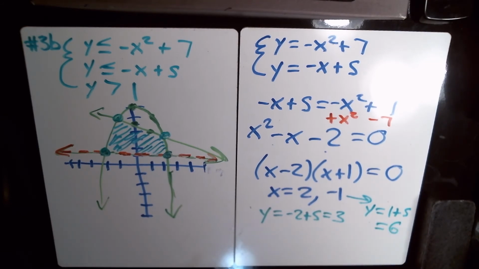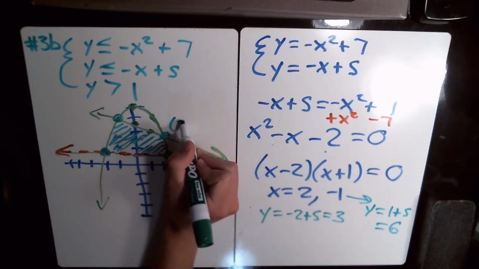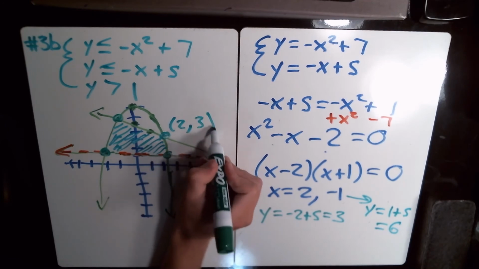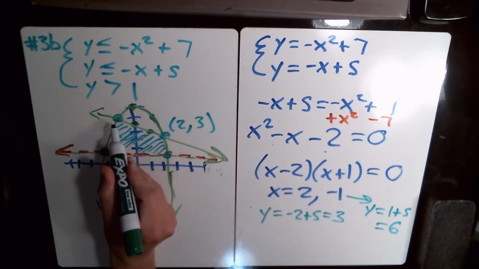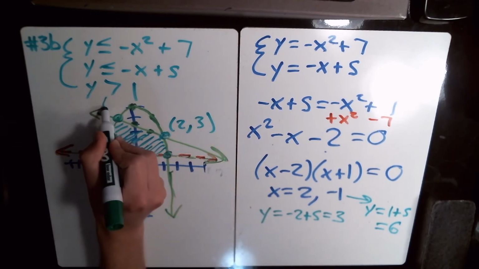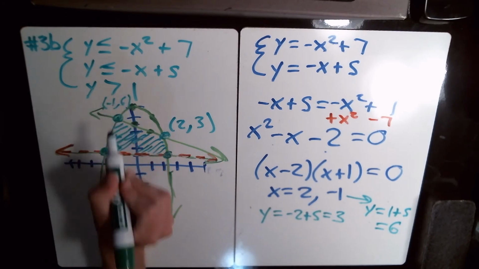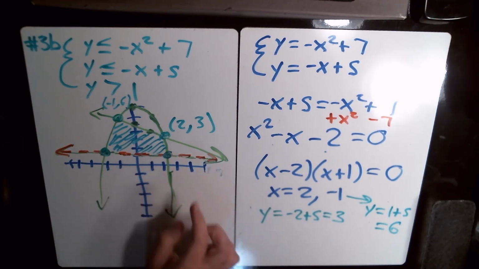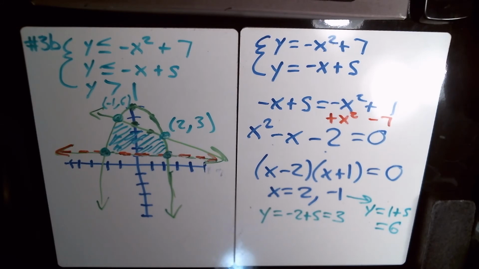So our 2 points, this one's at (2, 3), and then this one is at (negative 1, 6). And you can tell which is which just based on the location on the graph. So that was us finding those two vertices.